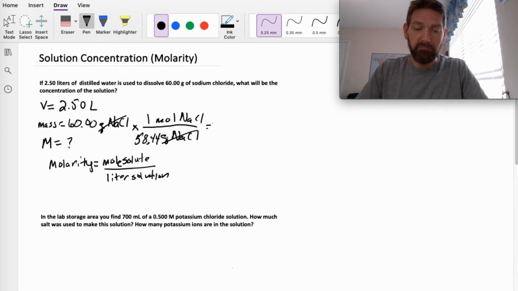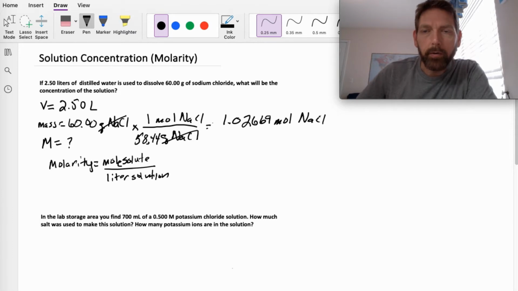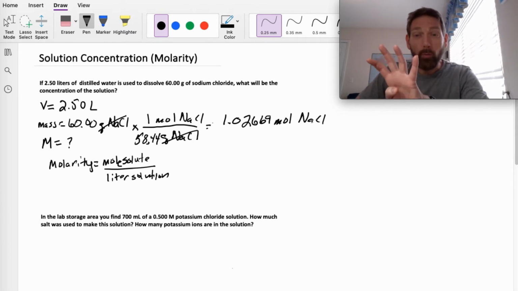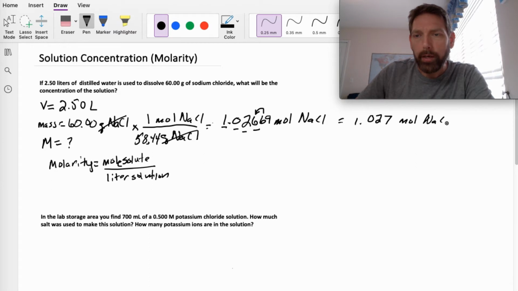Alright, so now we just 60 divided by 58.44. We see that is 1.02669, and that would be moles NaCl. 60.00 is 4 sig figs, so let's see, 1, 2, 3, 4. 6 and 9, we can see that 69 is probably going to round that up right there, so we should see 1.027 mole NaCl.